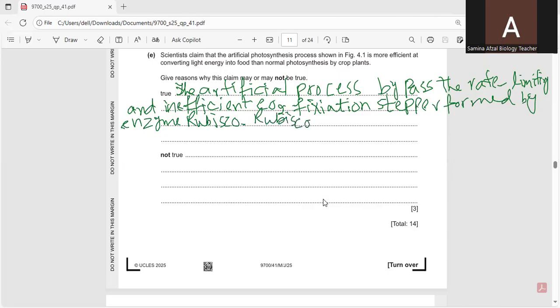rubisco, which often undergoes photorespiration, which wastes energy.